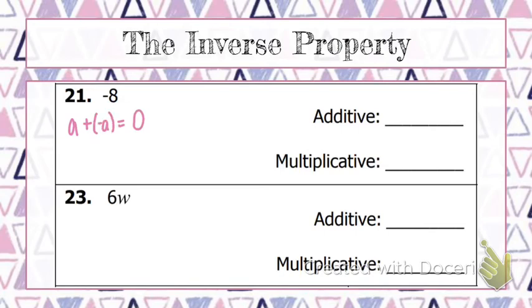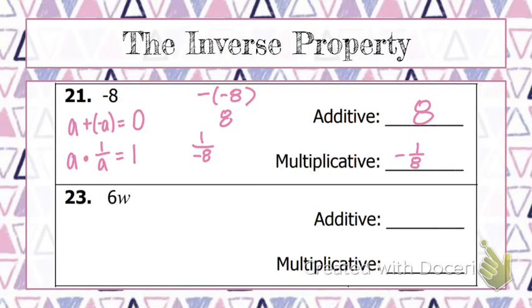The multiplicative inverse is what you can multiply that number by to get 1, and that will always be 1 over a. So, if we want to find the additive inverse of negative 8, we would use negative negative 8. Well, 2 negatives make a positive, so the additive inverse is 8. The multiplicative inverse will be 1 over negative 8, which just equals negative 1/8.